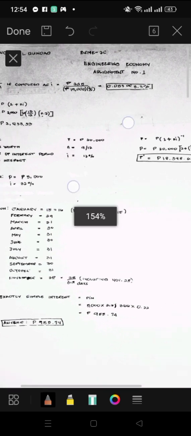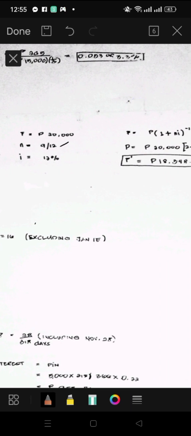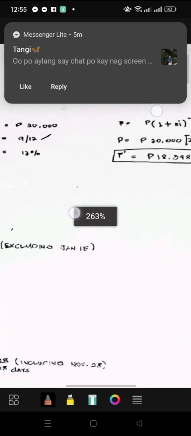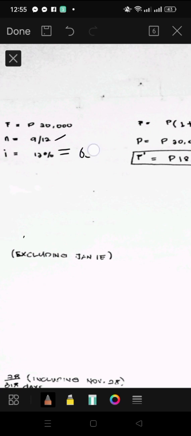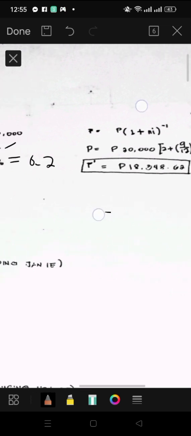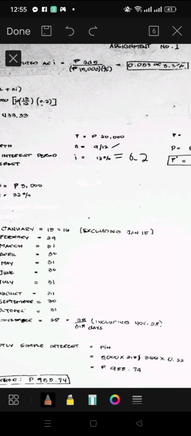F is equal to 20,000, which is our future amount. n is equal to 9 over 12, which we reduce, and i is 12%, equal to 0.12.